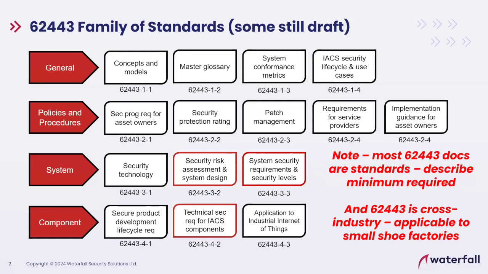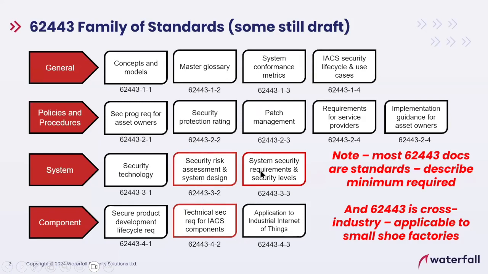As Jonathan said, we're going to be focused on the 62443-3-2, which is highlighted in red here. This is for risk assessment, because that's a big way that cyber-informed engineering can contribute to using 62443.